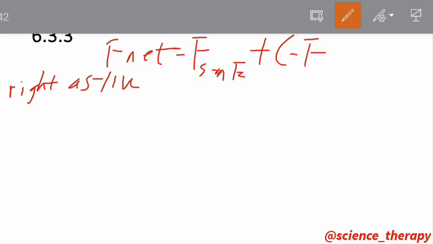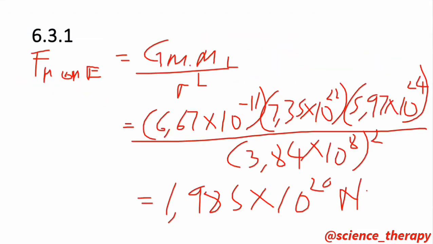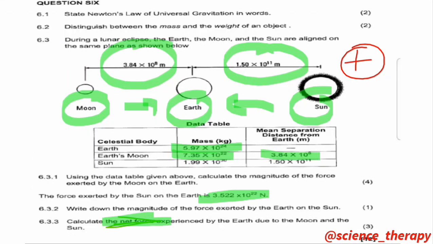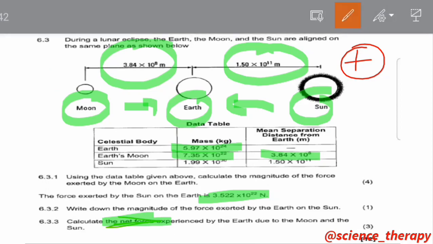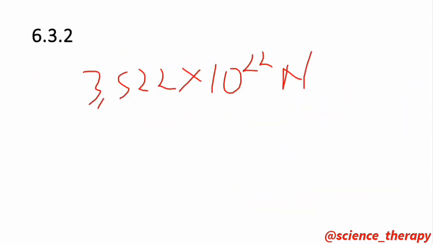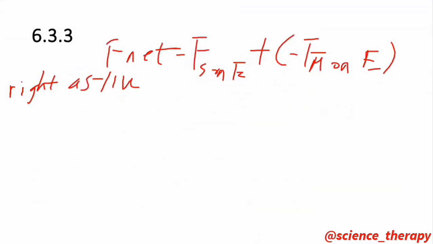So plus negative F of moon on Earth, right? So this one, remember, is the positive direction, and the force of the moon on Earth will be the negative direction, right?